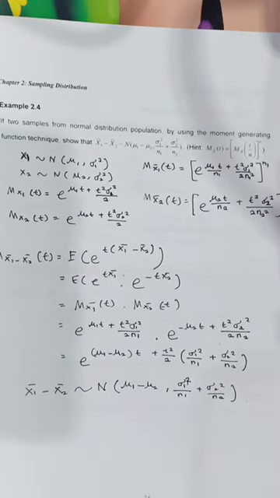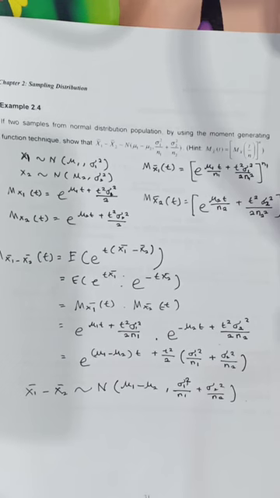So x1 bar minus x2 bar is also normally distributed with mean mu1 minus mu2 and variance sigma 1 square over n1 plus sigma 2 square over n2. This is how you prove the distribution using the MGF technique. Like I said before, you need to apply the MGF technique as well in chapter 2.